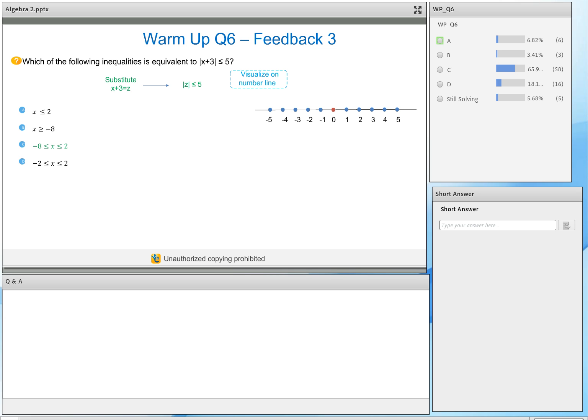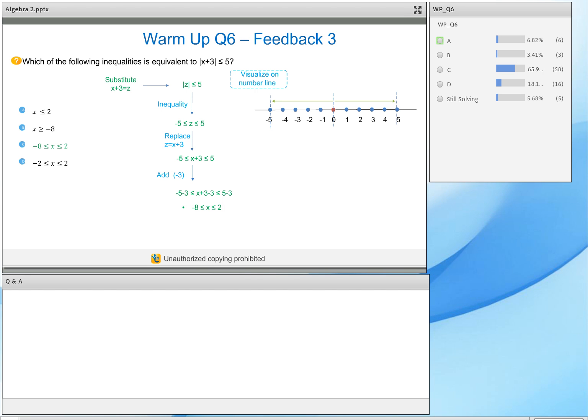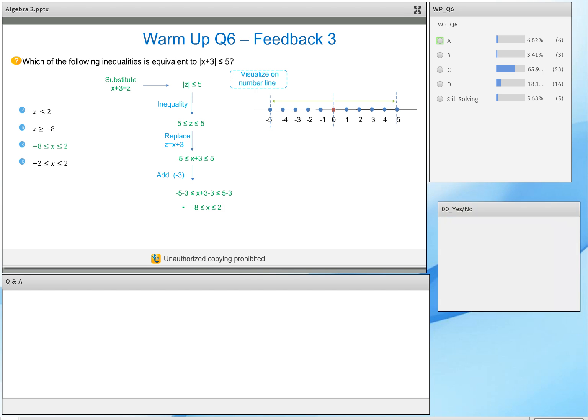You can either visualize this on the number line, or you can see that the inequality is minus 5 is less than or equal to z is less than or equal to 5. Now you substitute z as x plus 3, and then you move the numbers appropriately, and what you get is minus 8 is less than or equal to x is less than or equal to 2. So a very straightforward absolute value inequality question.